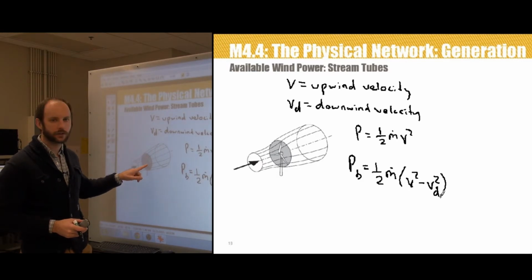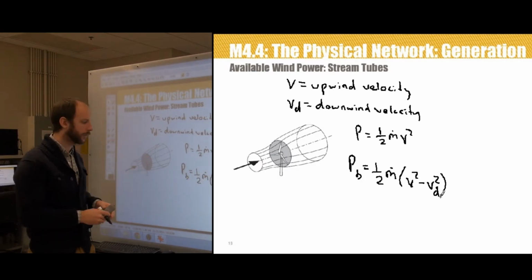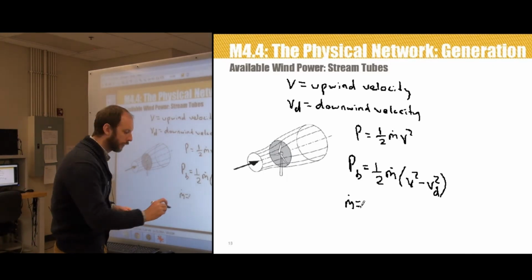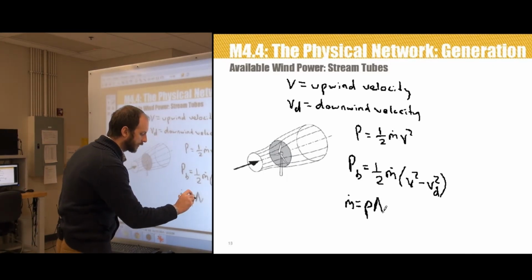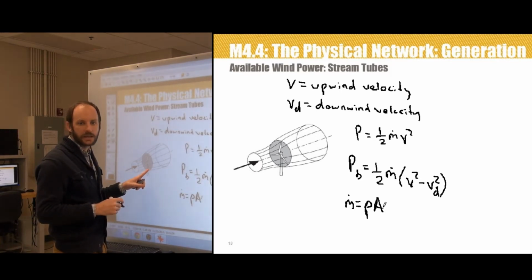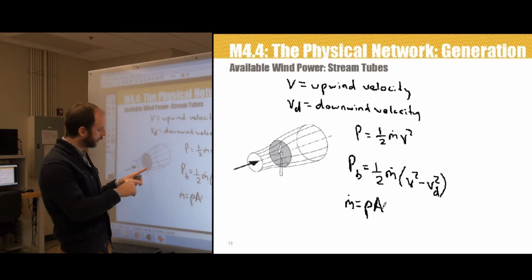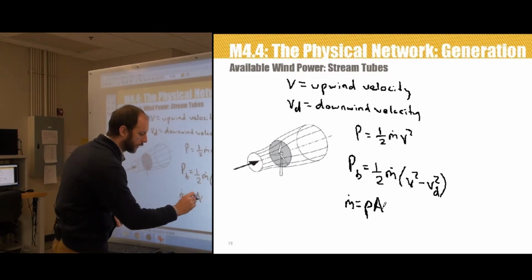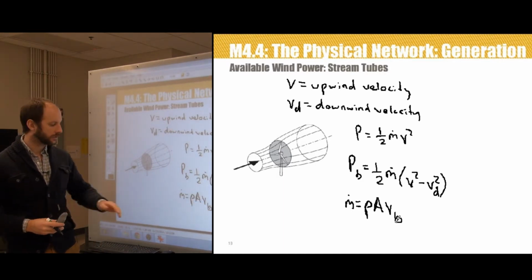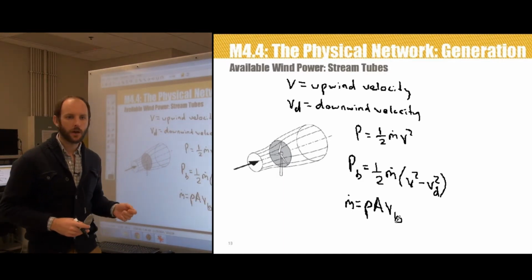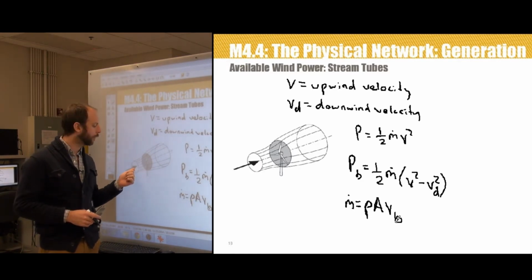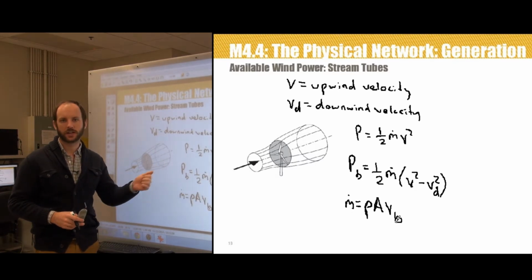And we can determine the mass flow rate at this point from m dot equals the density of the air times the cross-sectional area of the rotor blades times Vb, which is the velocity of the wind at the wind turbine interface. So this, again, Vb, is the velocity of the air measured exactly at these rotor blades. It's slower than the upwind speed, but faster than the downwind speed.